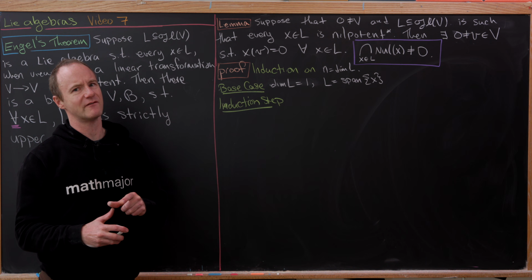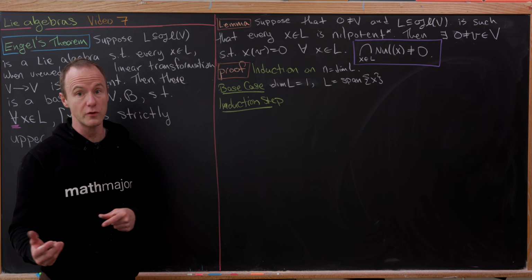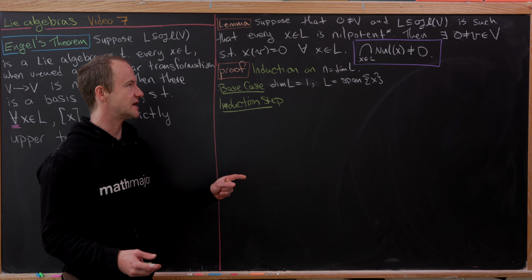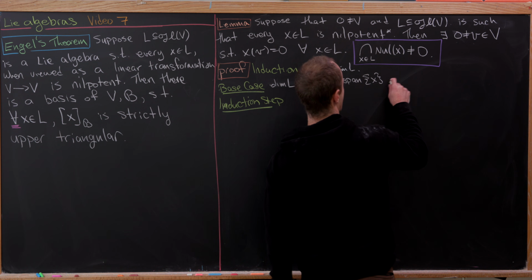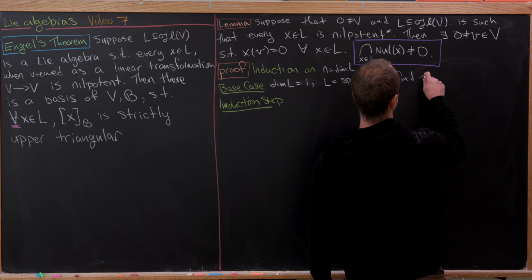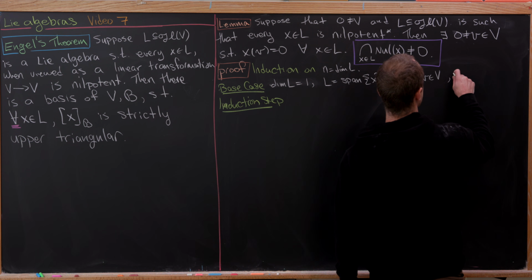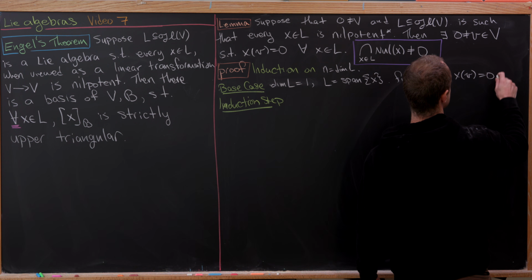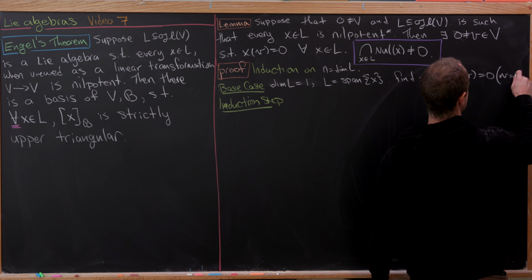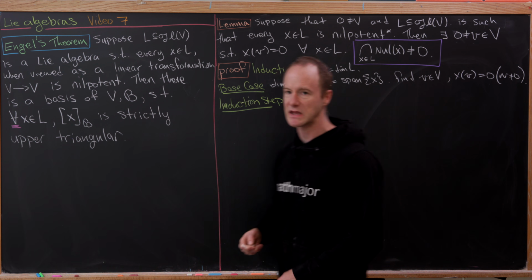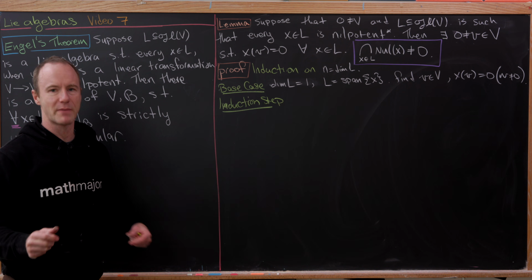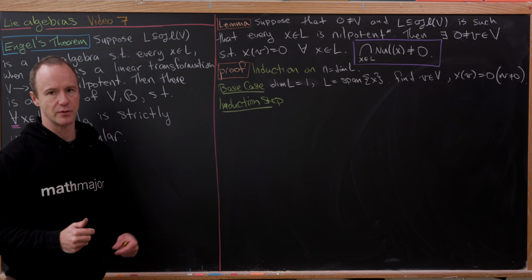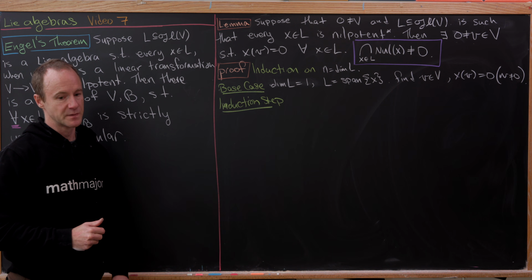Then we can apply that first part of the proof of the last lemma to get an element of the null space of x. So let's find a v in V such that x of V is 0, but then V is non-zero. So again, that's possible. Remember we did that before by looking at the minimum power of x evaluated at some vector, which was 0.